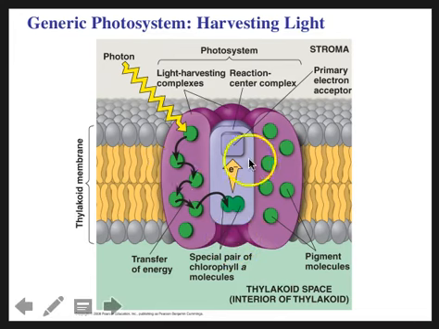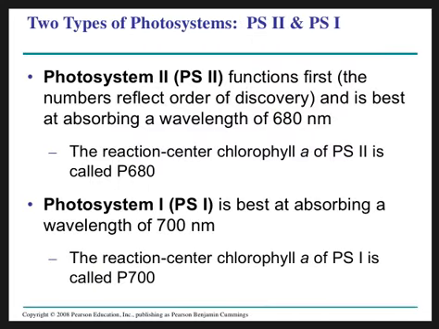But there are actually 2 versions of this photosystem. There's a photosystem 1 and a photosystem 2. And in actuality, the one that functions first in photosynthesis is photosystem 2. And you're probably thinking, well, why is it named photosystem 2 if it acts first? Well, it's because they named them in the order that they discovered them.